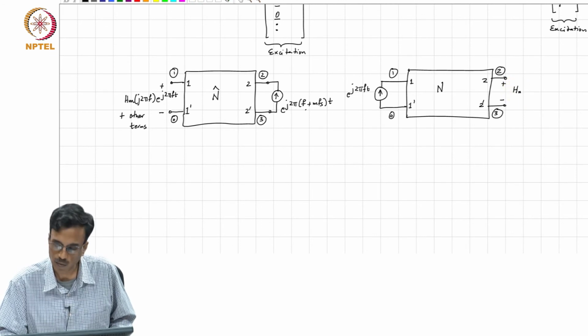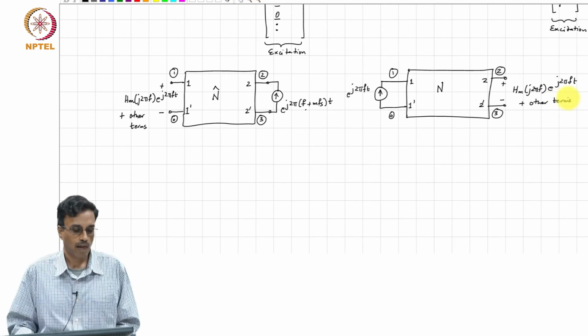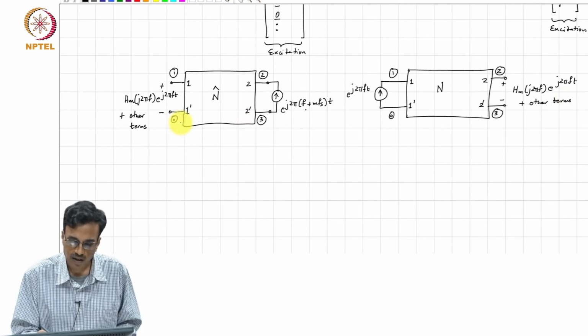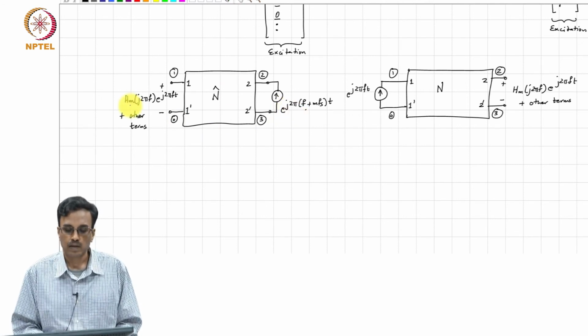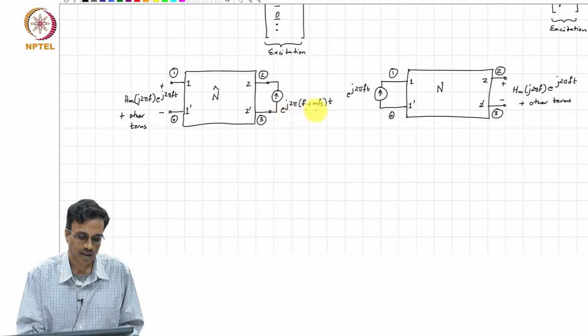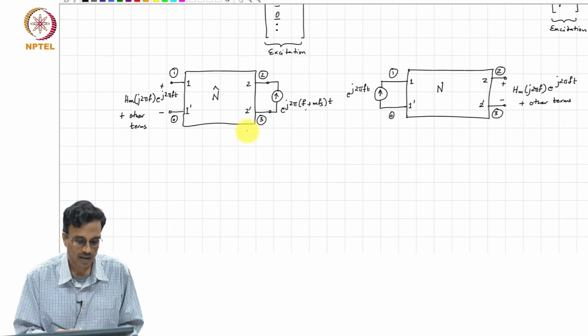This is h sub m of j2 pi f times e to the j2 pi f t plus other terms. All right. So, what this is telling us is, by the way, what comment can you make about if you apply a tone at f plus mfs and look at the output at f? That is nothing but the harmonic transfer function.